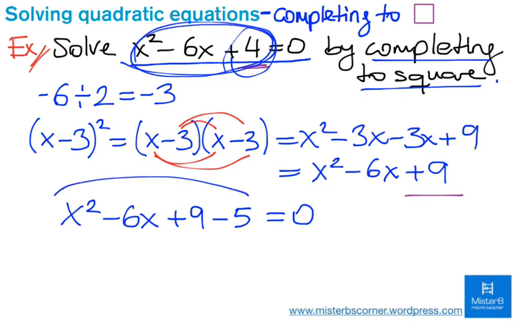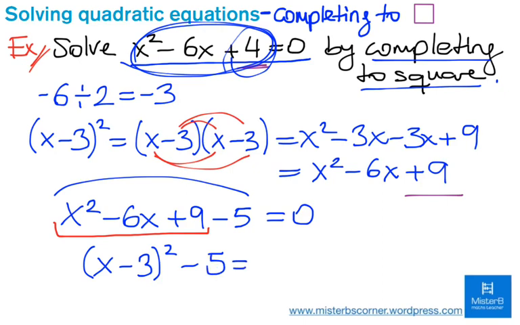And then, this bit, x squared minus 6x plus 9, I can write as a perfect square. So it's going to be x minus 3 squared minus 5 equals 0. Now, this is the equation with the perfect square. So I wrote it by completing the square.